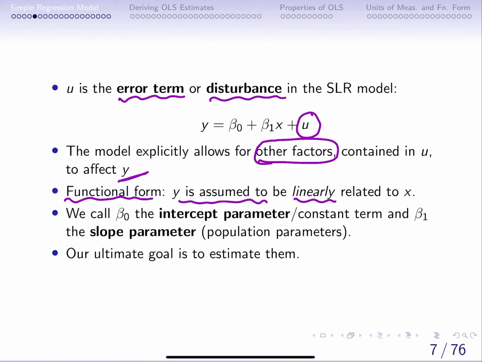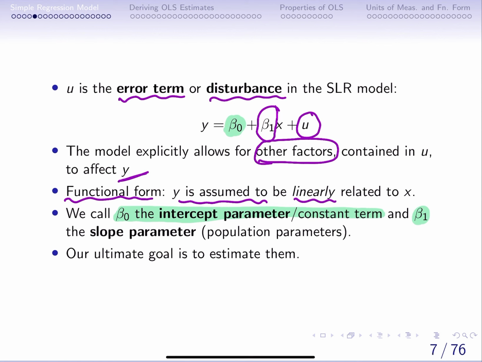And the parameters of interest to us are two. The first one is what we call the constant term in a regression, or commonly known as the intercept parameter, beta naught. So this is this guy right here. And then beta 1, because it's next to x, is capturing what we are really interested in.